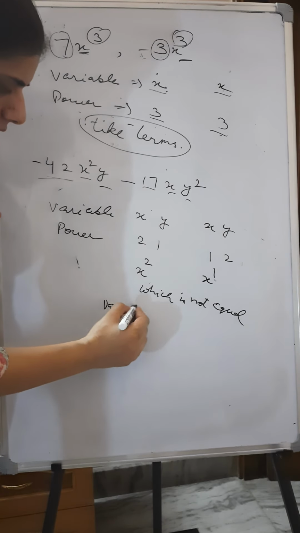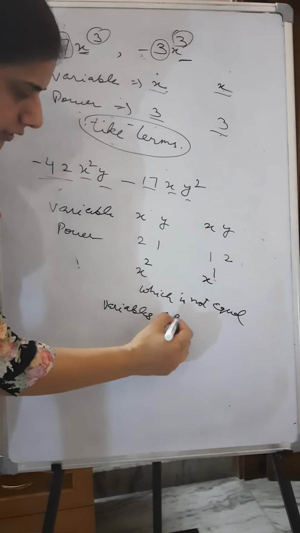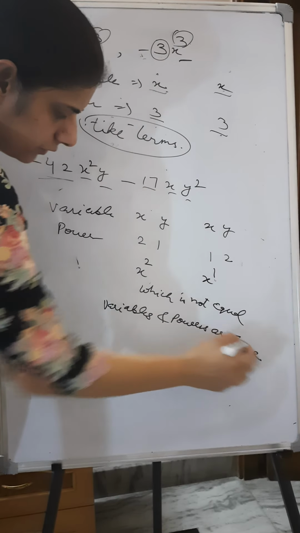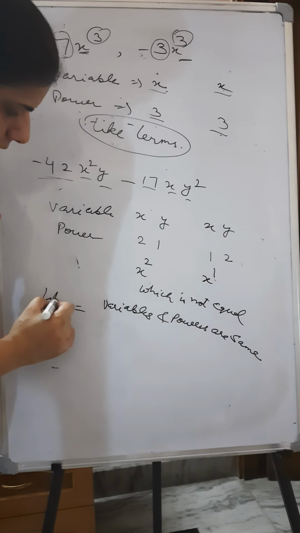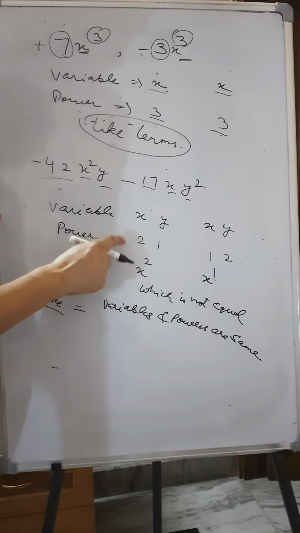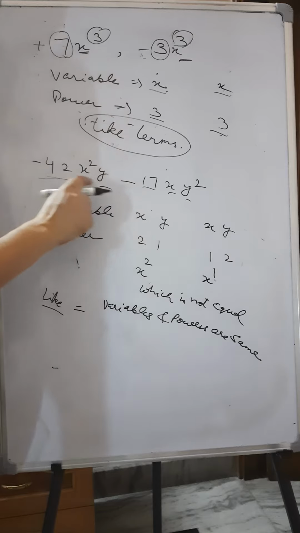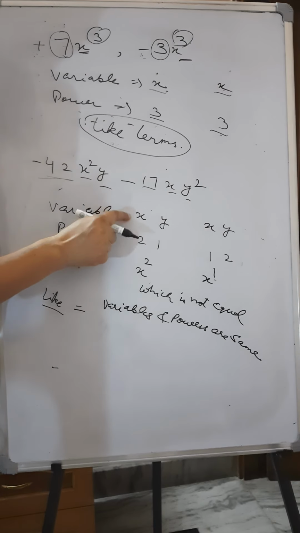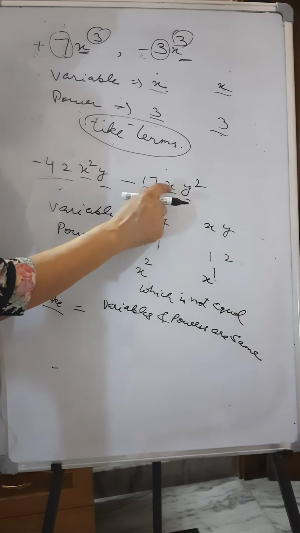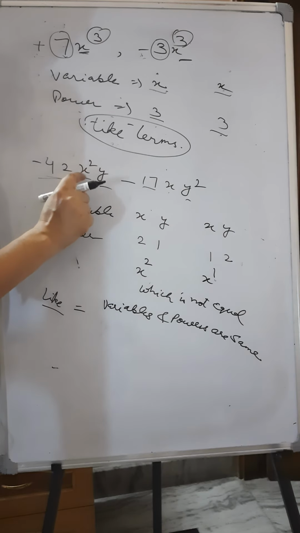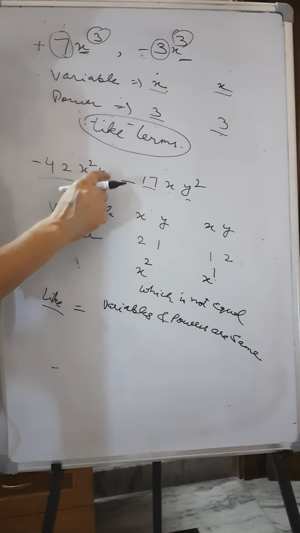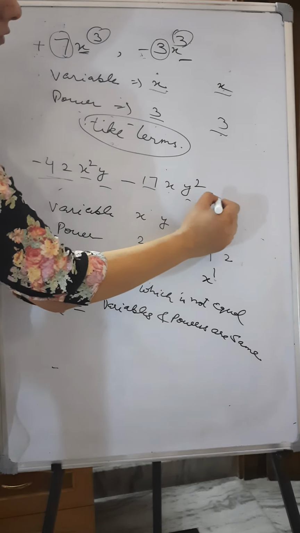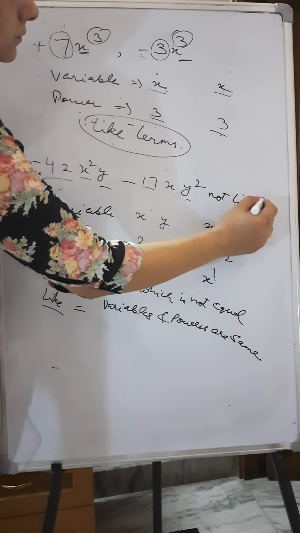Variables and powers are same. But here our variables are same, x and y, but powers are different. So these are not like terms.